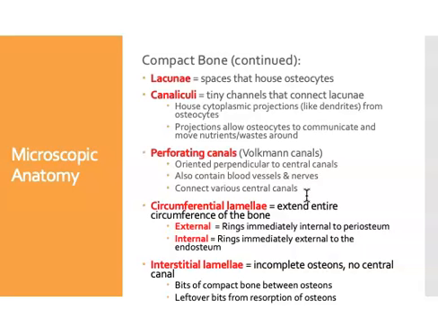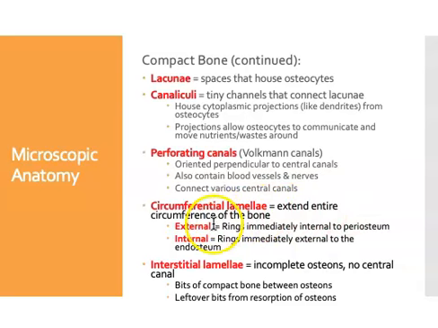Now, the lamellae that you find in an osteon also get specific terminology associated with them. We describe circumferential lamellae that are going to extend around the entire circumference of the bone. I'll show you this in just a minute.